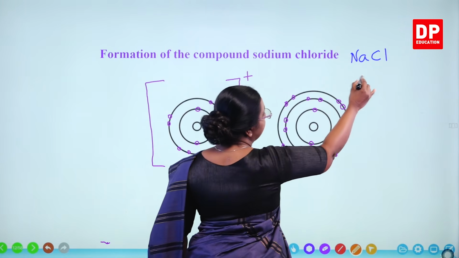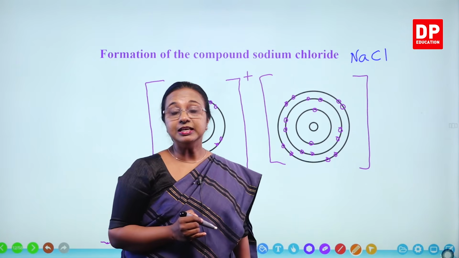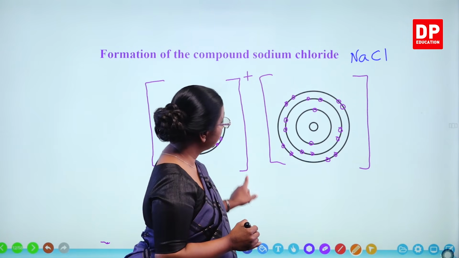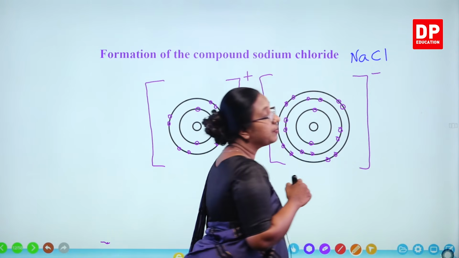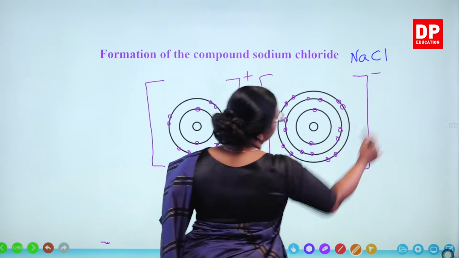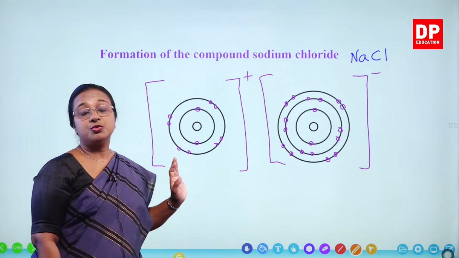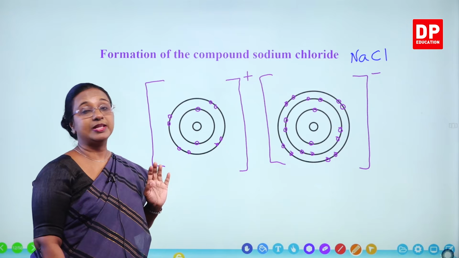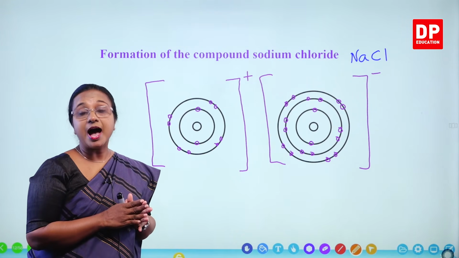So 2, 8, 8. Here also we need to use square brackets and indicate the charge at the top right hand corner. So, the positively charged sodium ion combines with the negatively charged chloride ion, forming the ionic bond.